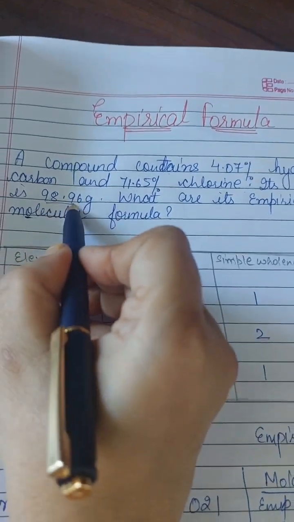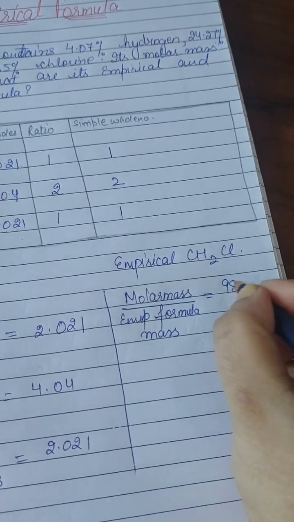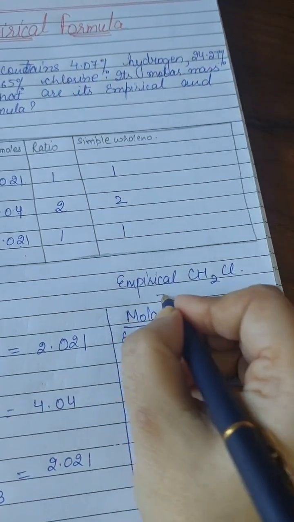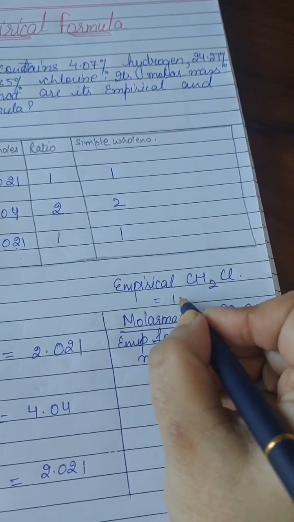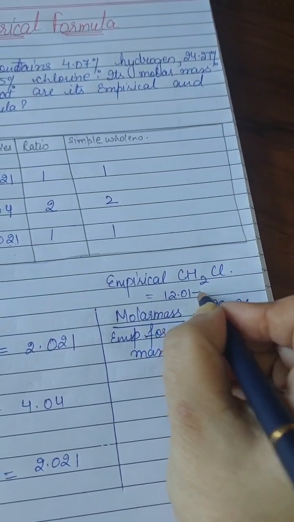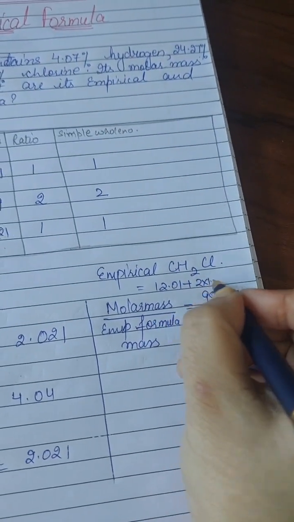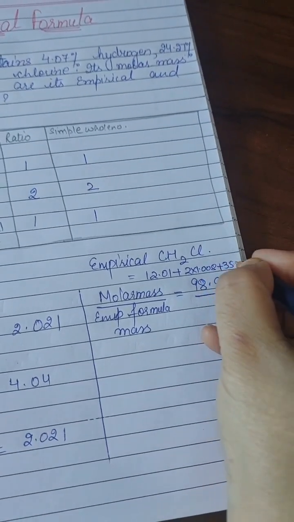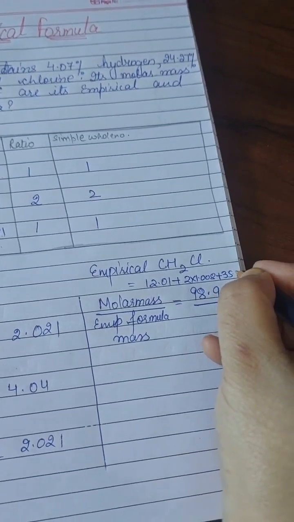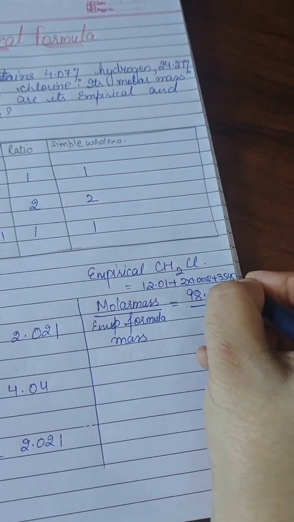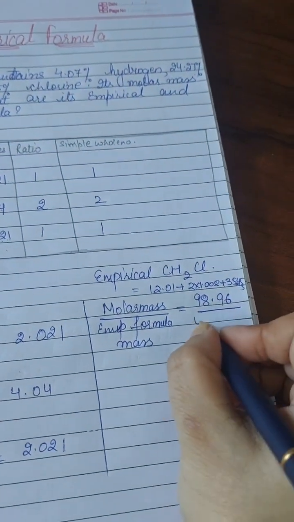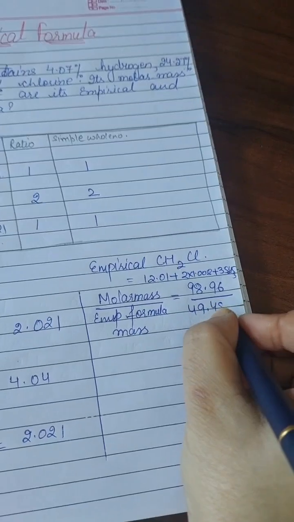Molar mass we have been given: 98.96. Empirical formula mass will be 12.01 plus 2 into 1.008 plus 35.453. So total will be 49.48.